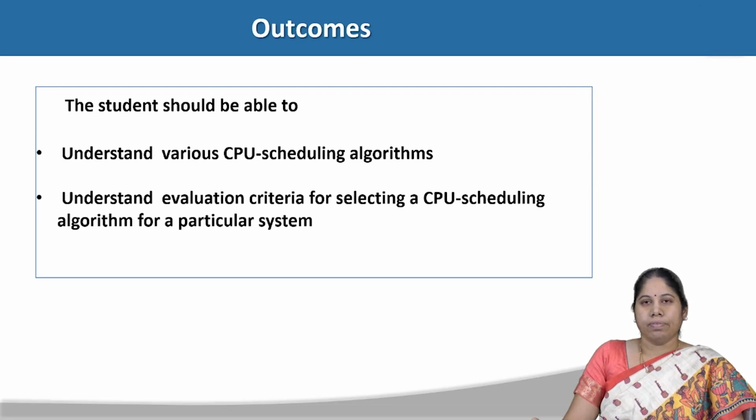With this session, the student will be able to understand various CPU scheduling algorithms, and will also understand the evaluation criteria for selecting the CPU scheduling algorithm for a particular system. These are the two different outcomes the student will be able to achieve at the end of this presentation.